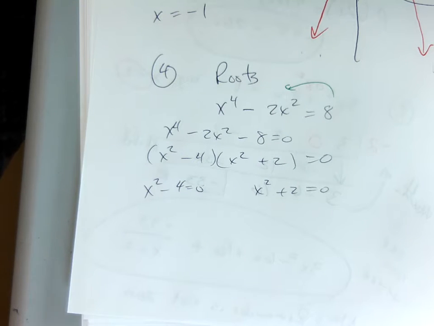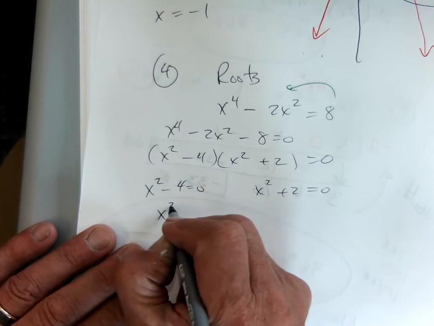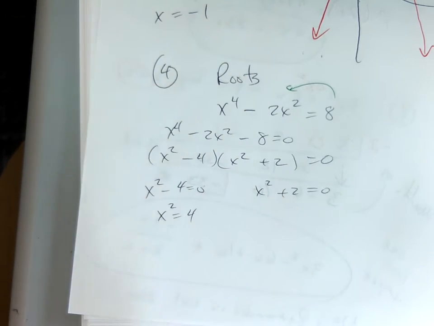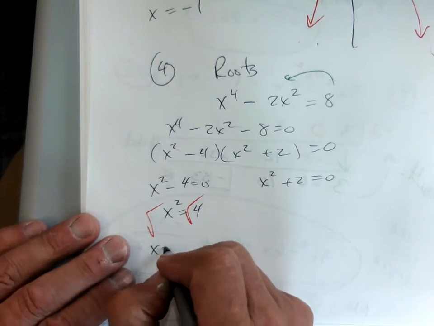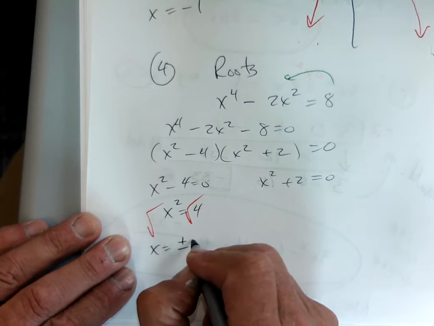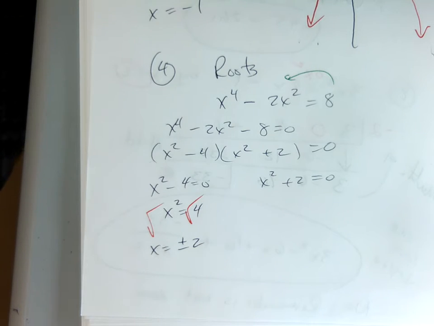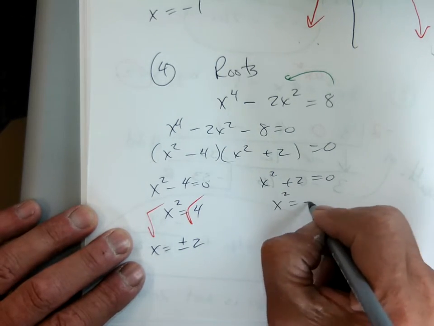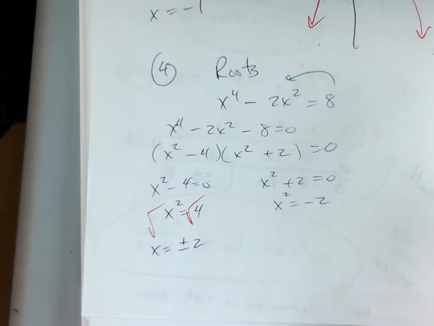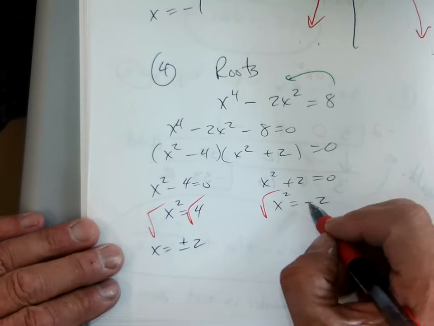And I'm going to solve. If I add 4, x squared equals 4. When I square root, I'm going to get 2 answers, so x is equal to plus or minus 2. Don't forget that. I'm going to take a half point off if you can't remember the plus or minus, because we need 4 answers. Minus 2, x squared equals negative 2. Square root.